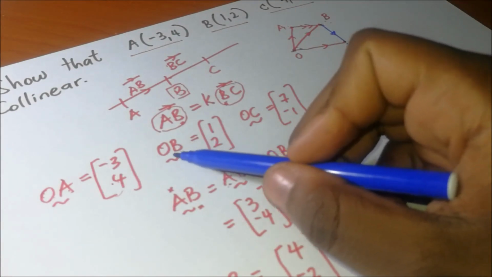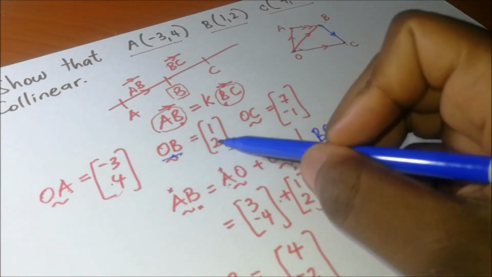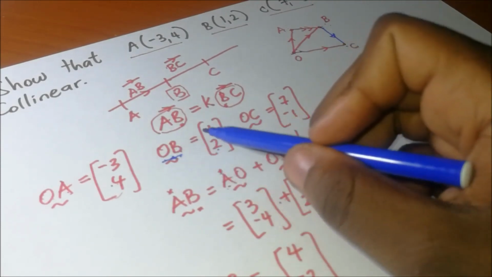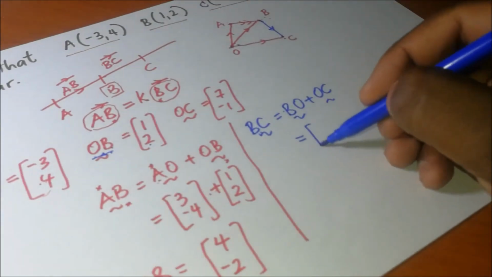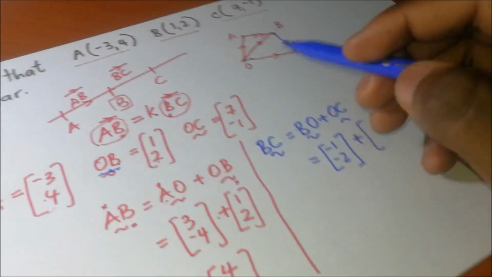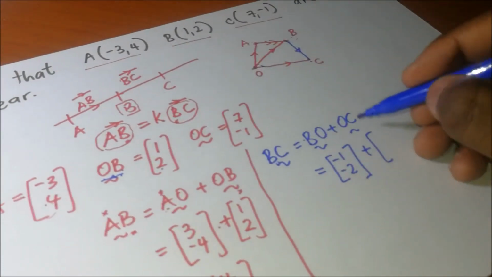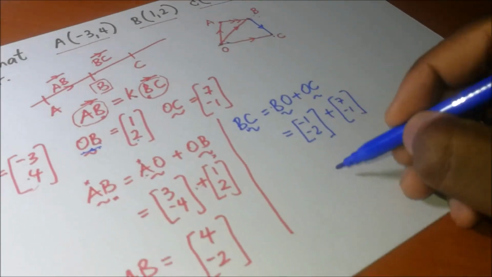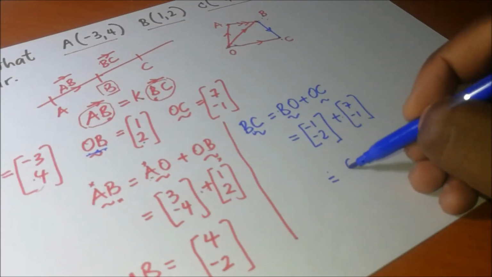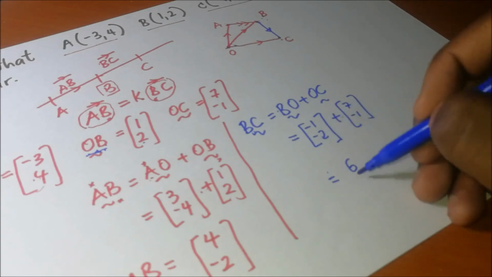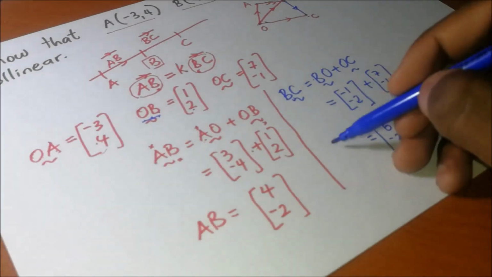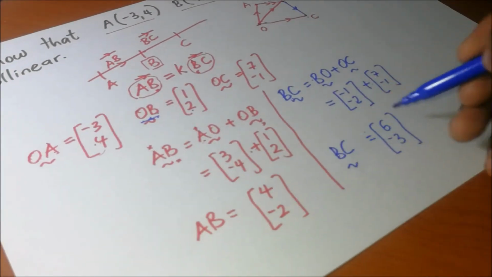So moving B back to O in the reverse order, this is also going to become reverse. If OB is 1, 2, means that BO is -1, -2. So this is going to become -1, -2 plus OC. OC is 7, -1. And so my answer here is going to become -1 plus 7 is 6, then -2 plus -1 is -3. So I have my BC right here as that.